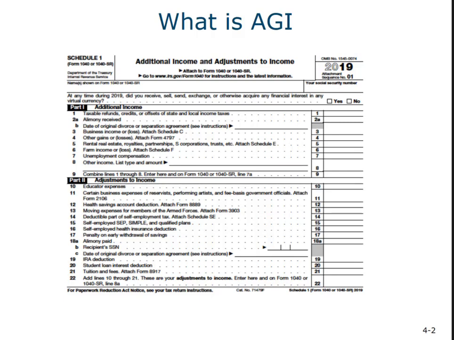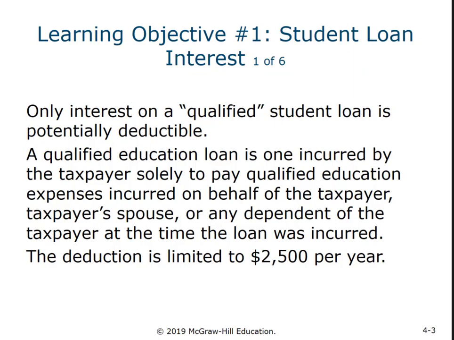Student loan interest. None of us are going to face this issue when we finish up school and are paying for our loans on the money we borrowed. The deduction is limited, first of all, to $2,500. So it doesn't matter how much you pay, the maximum you can deduct is $2,500. And of course, here's what it means to be an education loan.